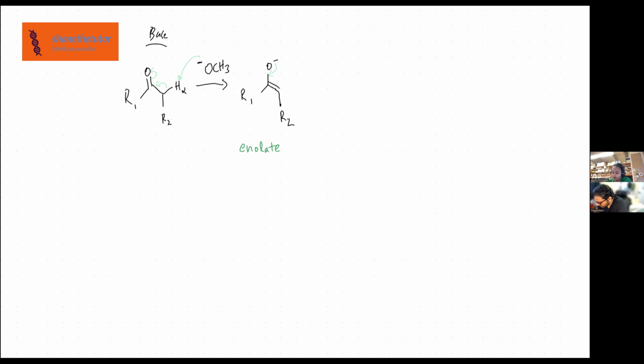So this oxygen is going to reform that double bond, and then the electrons from this double bond will go to this carbon here. So this would be double bonded here, R2, and then this side will have, as you said, a negative charge now.